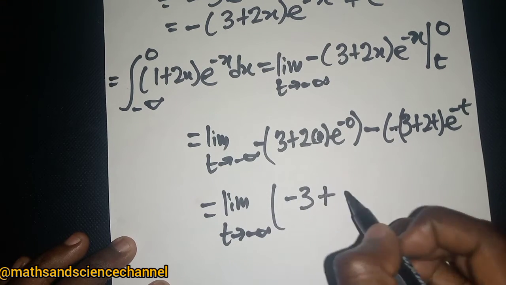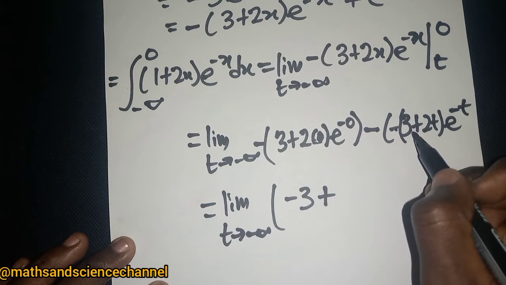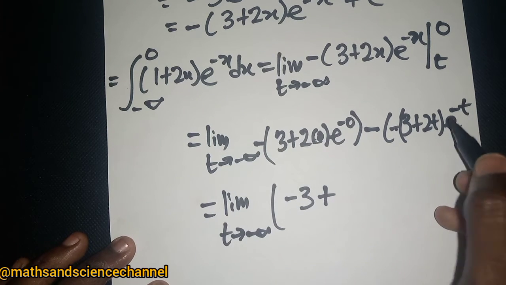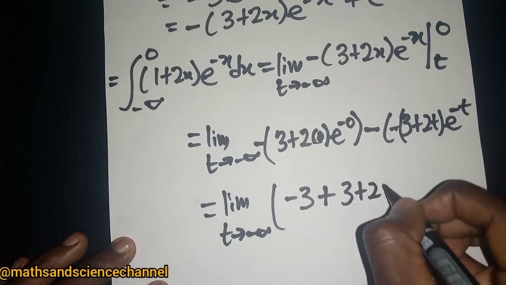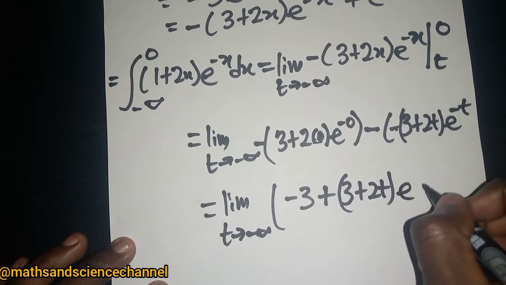Minus minus will give us positive, so we have (3 plus 2t) multiplied by e to the negative t.